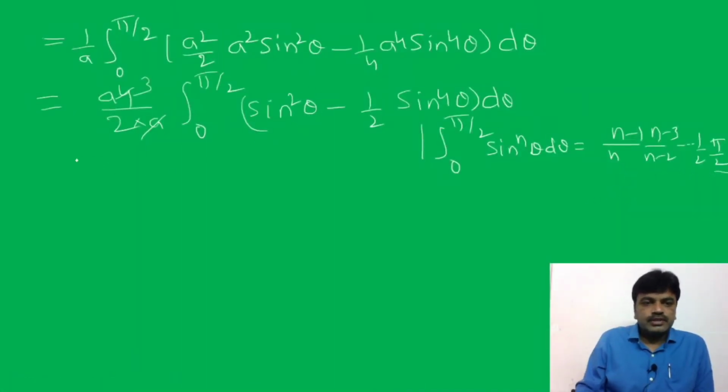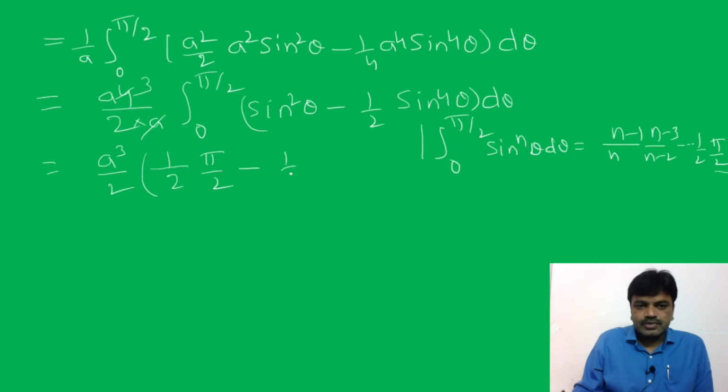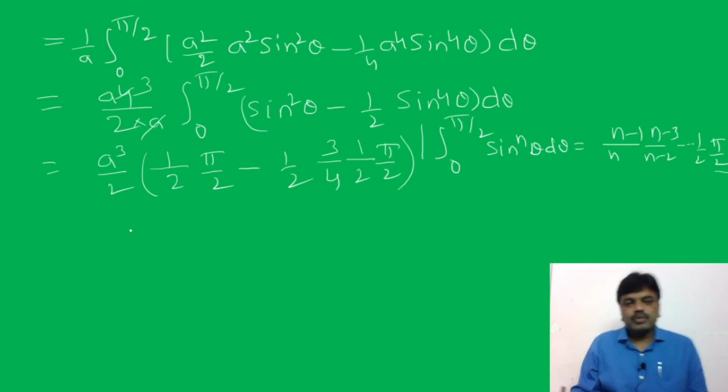So here we get a cube by 2, and here n is 2, so we get 2 1 by... 2 1 into pi by 2, minus 1 by 2 into, we have 4 here, so write 4 in the denominator, 3 2 1 into pi by 2.